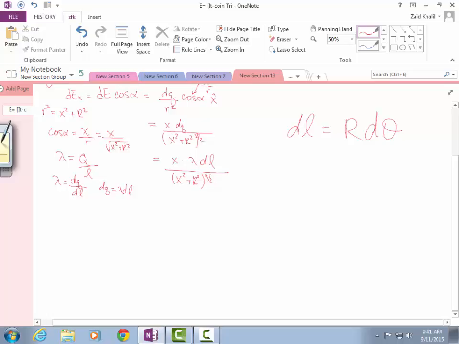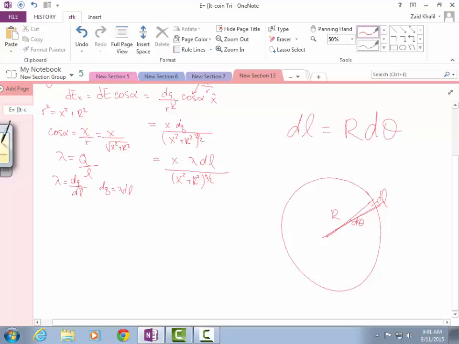When you look at some arc length, this arc length, dl, is located how far away from the origin? R. And what angle from the origin? d theta. Notice each of these dl's are equidistant.